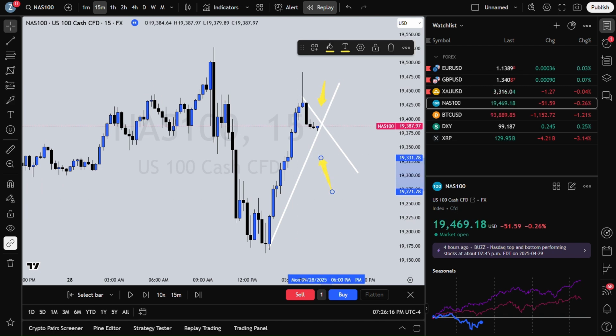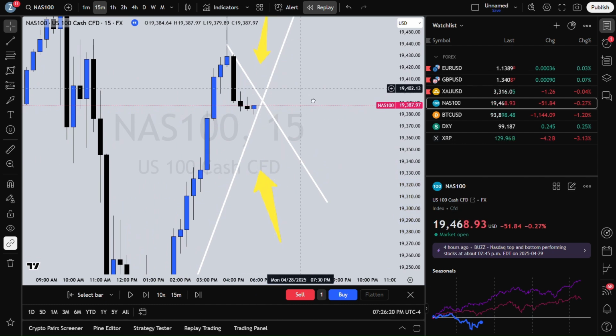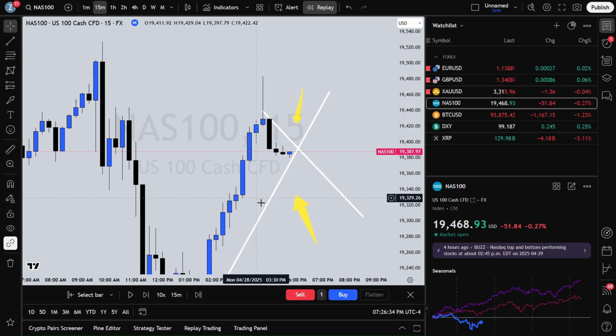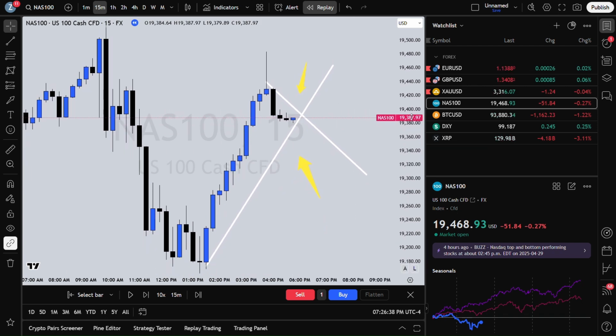So right now, price is currently consolidating, aka ranging, and I would not be making a move until I know it's going to break this support line or it's going to break this resistance trend line. So it's actually perfect that this just came about because you also need to know what it looks like when the market is ranging.